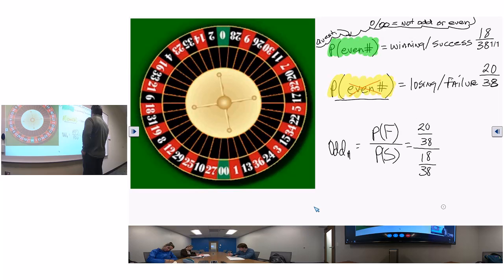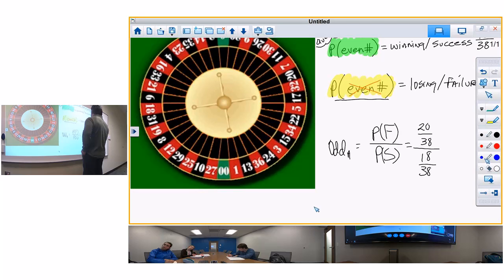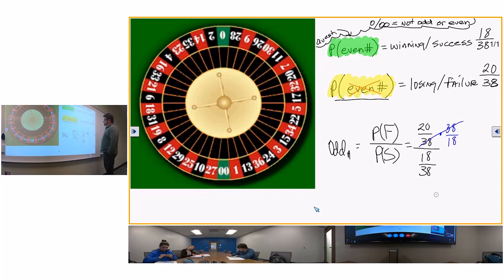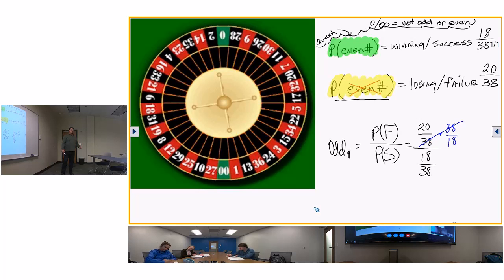What do you do when you divide by a fraction? Multiply by the reciprocal. And what happens to the 38s? They cancel, and that's what you want. And your answer is 20 to 18.